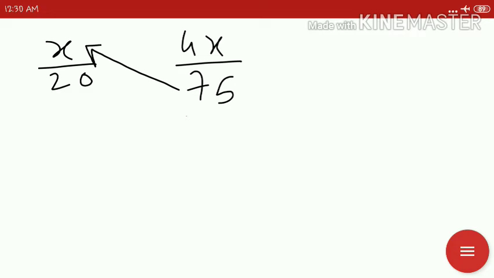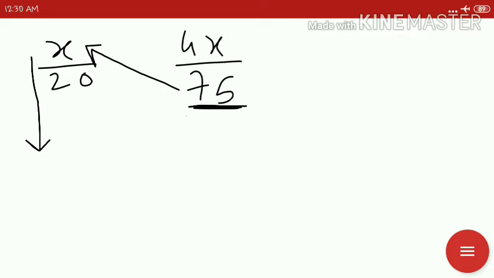The numerator is going to multiply the denominator of the other one, and we'll write the value just below it. Similarly we'll repeat the process for the other numerator and denominator. So this numerator multiplies with that denominator, and this denominator multiplies with that numerator.